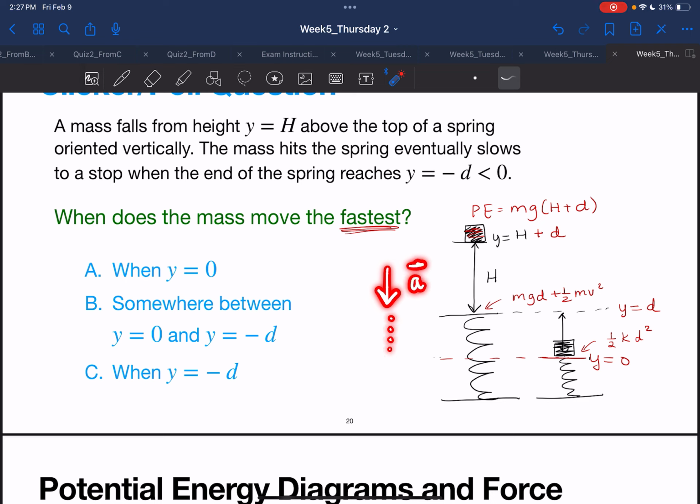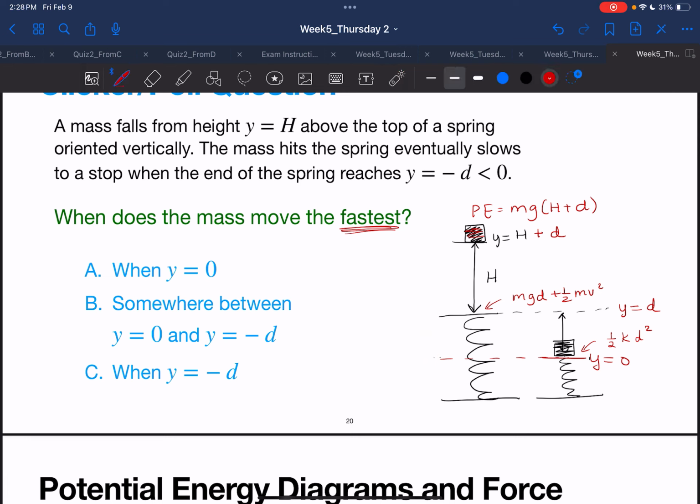At some point, it's going to start accelerating in the upward direction, meaning it'll start slowing down. The turning point, where it goes from a downward acceleration to an upward acceleration, with net acceleration 0, is the point where it moves the fastest. So that's what we want to figure out.